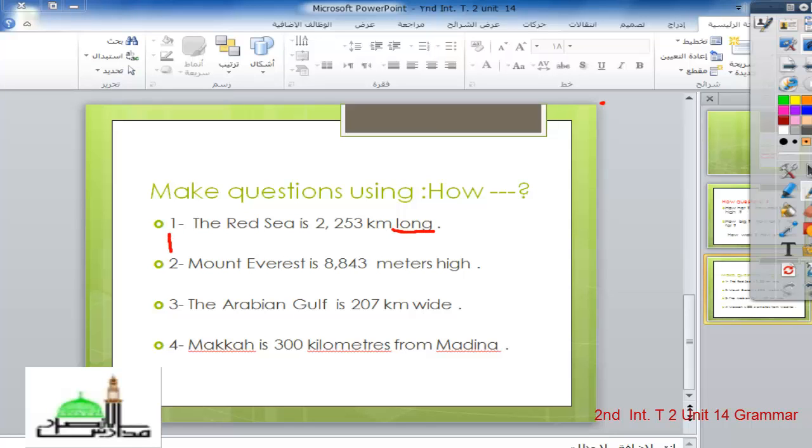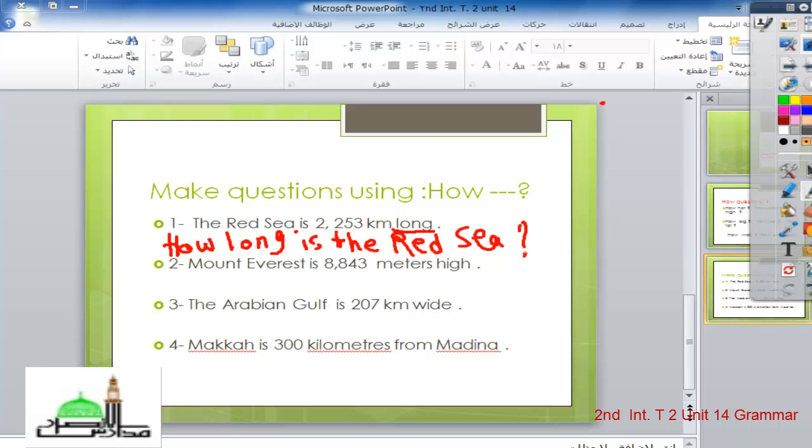So I will make a question using how what? How long. And after that what? How long? The Red Sea is how long? Is what? The Red Sea. Now I formed a question using how long. How long is the Red Sea?